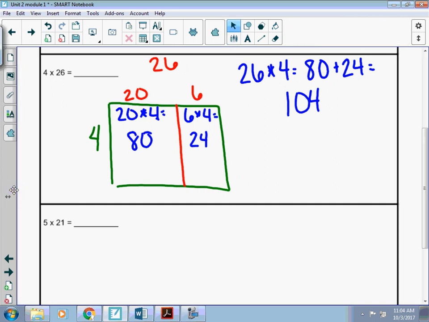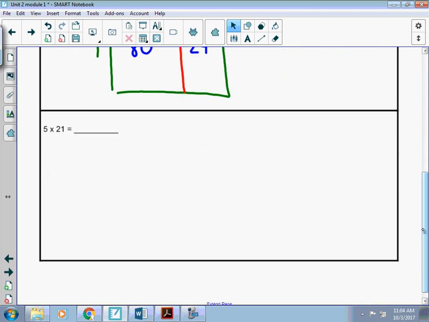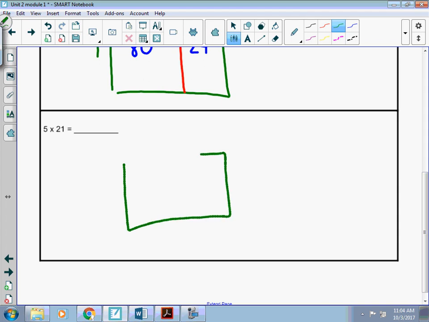And the last one is 5 times 21. So we're going to have a rectangle, and 5 doesn't split up because it's just the ones place. 21 breaks up into 20 and 1.